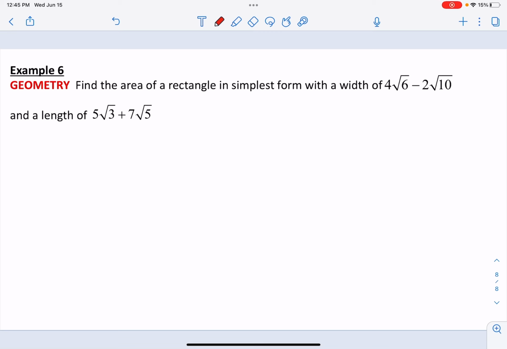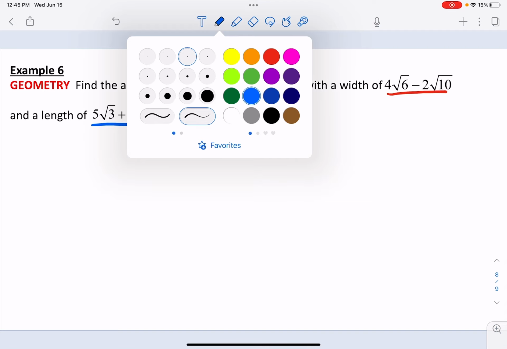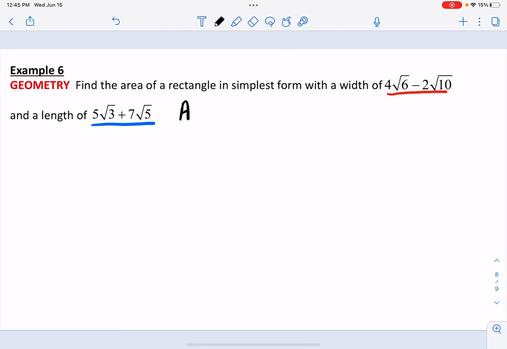Okay. Find the area of a rectangle in simplest radical form with a width of that much and a length of that much. So, area is length times width. So I have to now write that out.